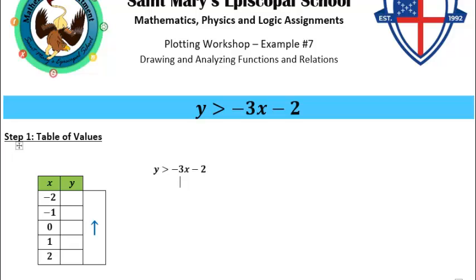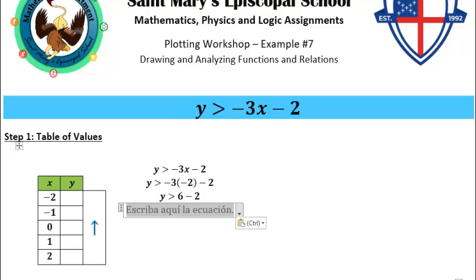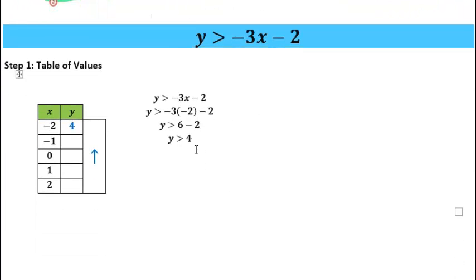Okay, so you're gonna put y greater than -3 times -2 -2, y greater than -3 times -2 is +6, and you copy the -2, and then y greater than 6 -2, that will be 4. Okay, that answer that you got in there, that 4, that's what you're gonna put in this space of the table of values. Okay, and you continue.